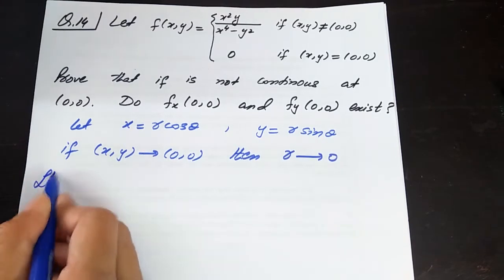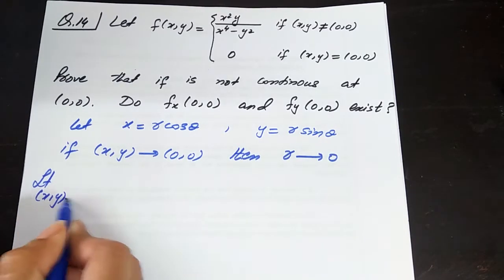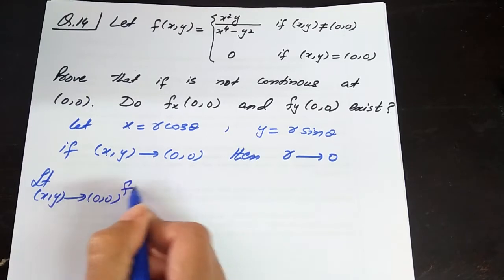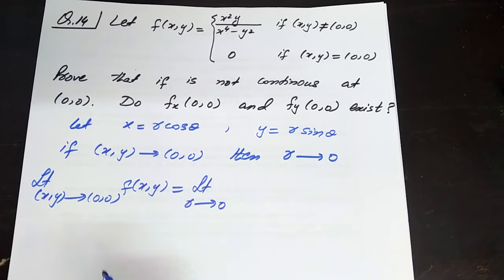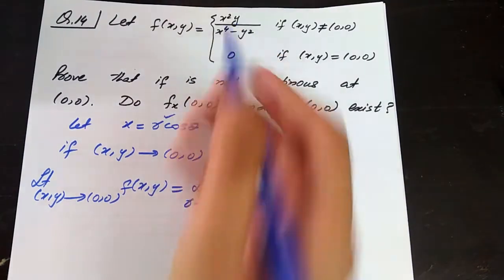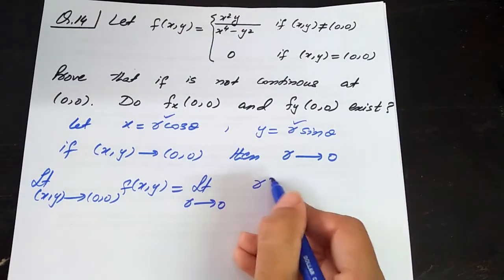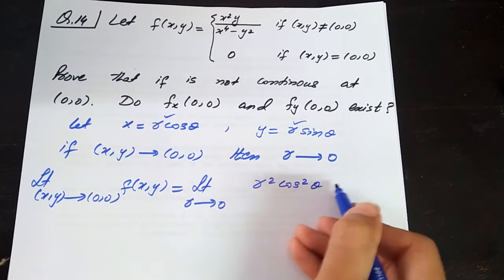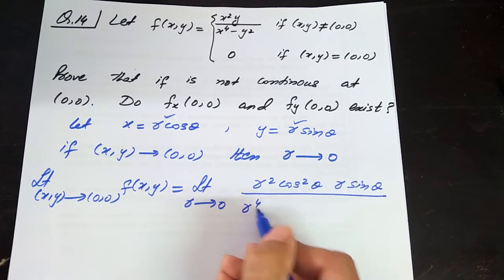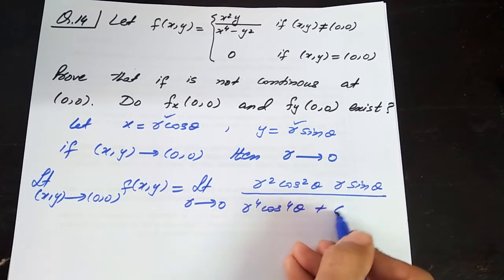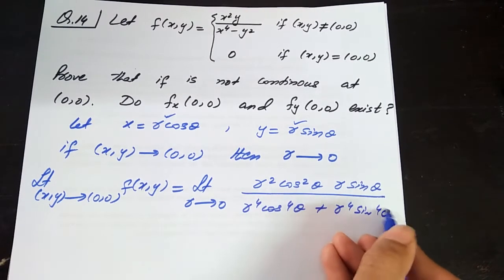So now the limit x, y approaches to 0, 0 of f of x, y will be equal to limit r approaches to 0. Now put these values in this given function. I will get here r square cos square of theta times r sine of theta divided by r to the power 4 cos to the power 4 of theta plus r to the power 4 sine to the power 4 of theta.